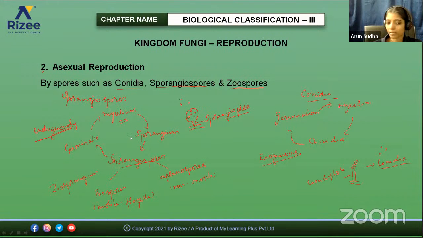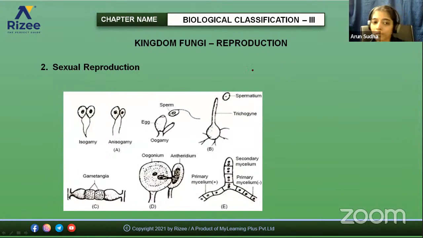So next we'll see about the sexual reproduction. So here in the case of sexual reproduction, there is an involvement of gametes. Another main difference from asexual reproduction is that there the division mostly happens by mitosis. I hope you are clear with the terms mitosis and meiosis. We'll see in detail in the next cell division chapter.